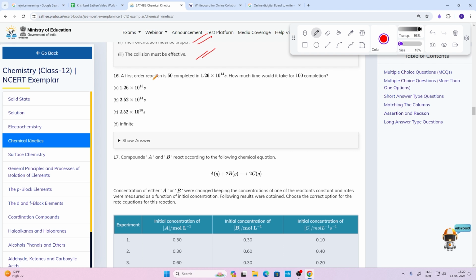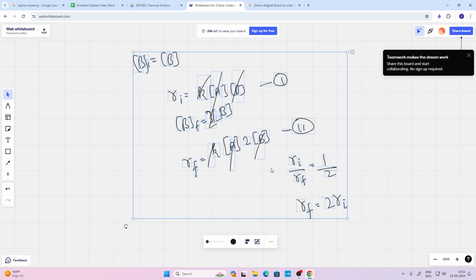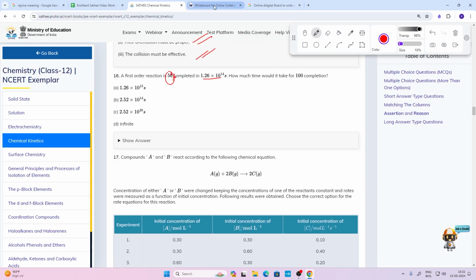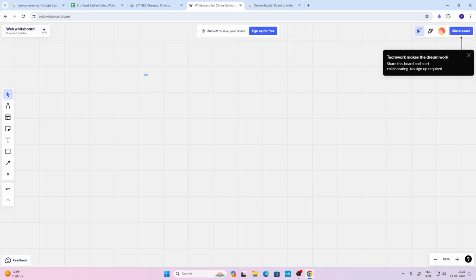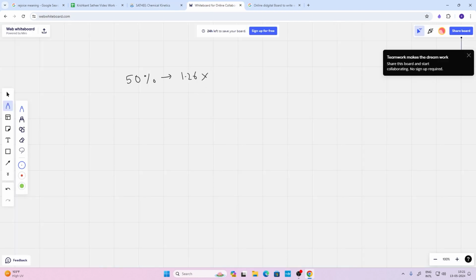Next question. A first order reaction is 50% completed in 1.26 into 10 to the power 14 seconds.